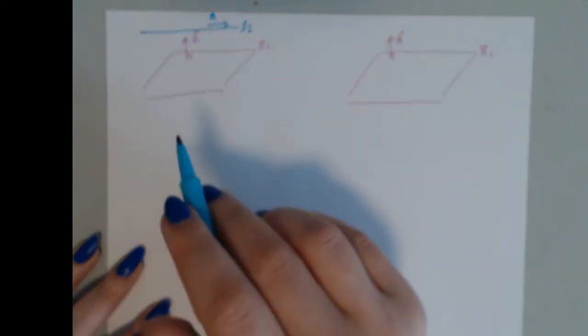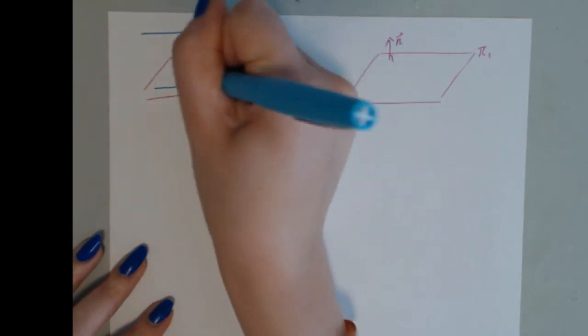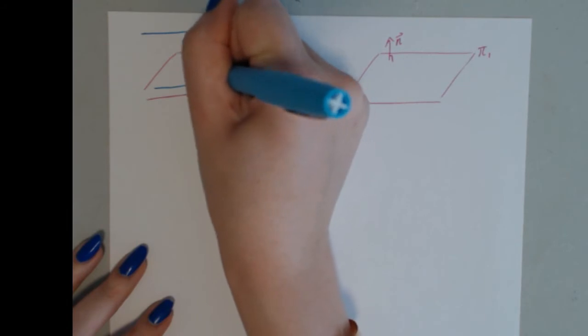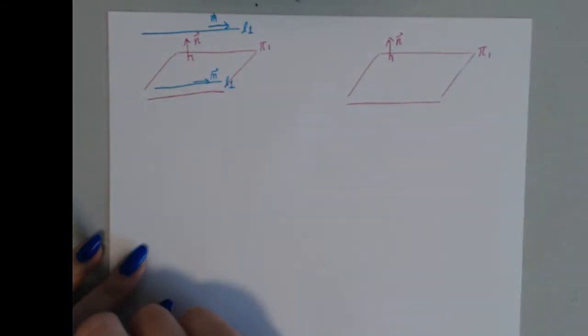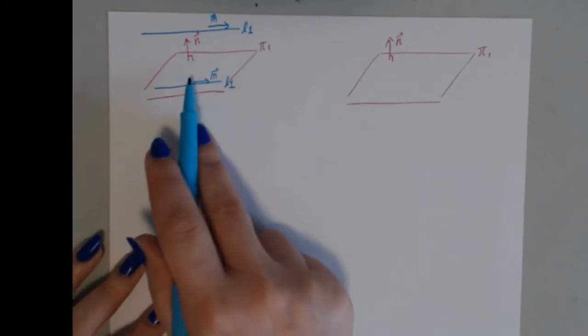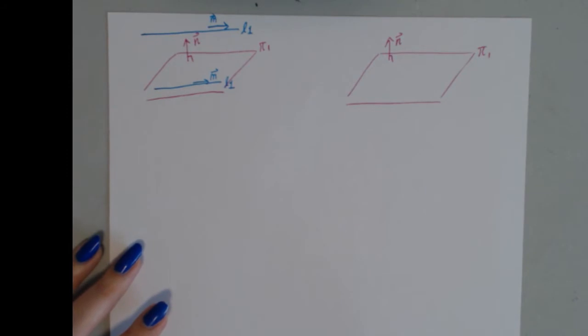And I'll have the same circumstance if my line L1 is in the plane too, because even in this case, my direction vector, whether right or left, is going to be at 90 degrees to the normal. And of course, that normal can be up or down. It'll still be 90 degrees. And so we come to the following conclusion.